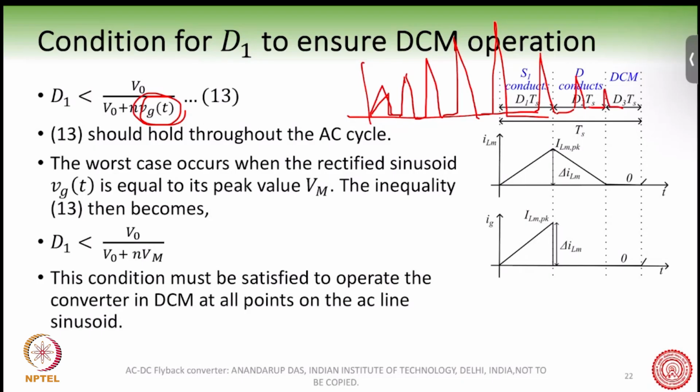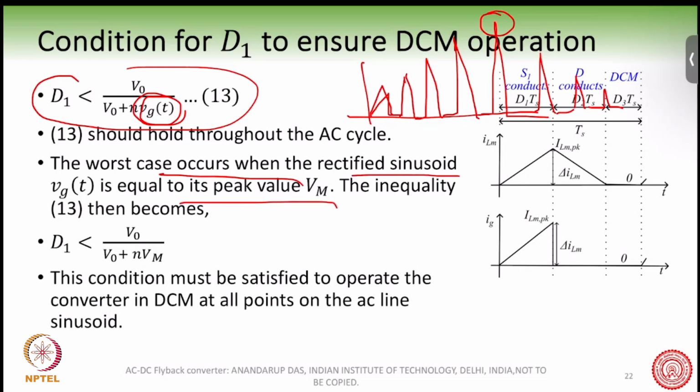So where is the peak of this ILM current? The ILM current will peak at the peak of the input voltage. So the worst case for this condition to happen is when the rectified sinusoid is equal to its peak value Vm. Because then only vg(t) is having its maximum value, right?